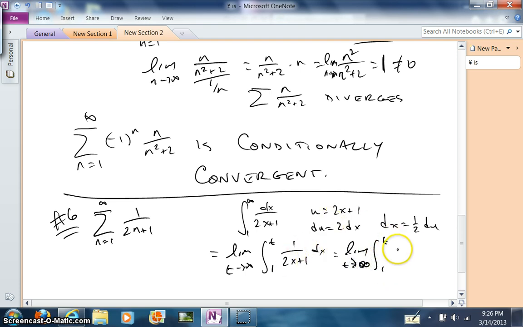And then replace all that, I get 1 over u, 1/2.